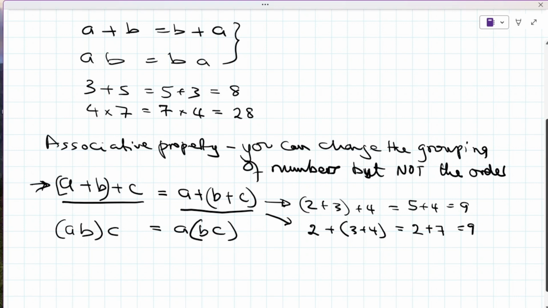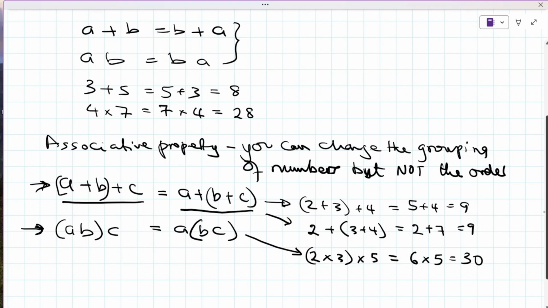How about if we try to get an example for the multiplication case? In this case, let's take one example. Say if we had 2 multiplied by 3 and multiplied by 5, this would be the same as saying 6 times 5, which will give us 30.